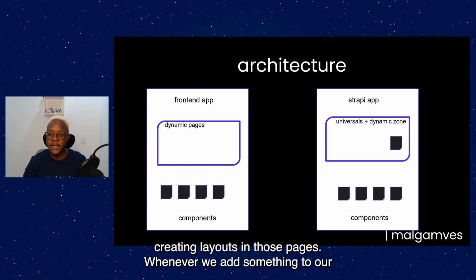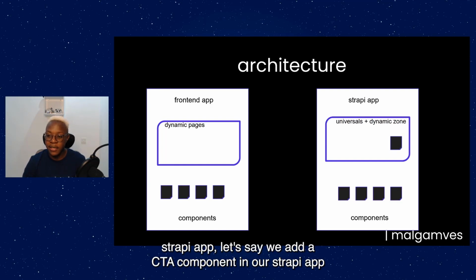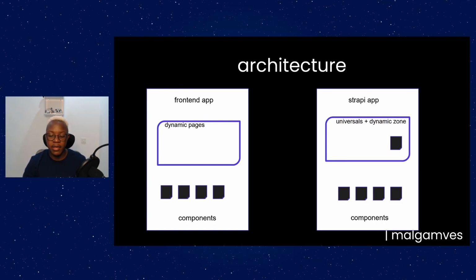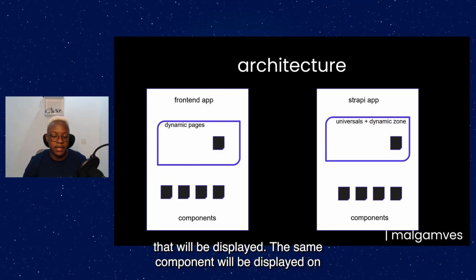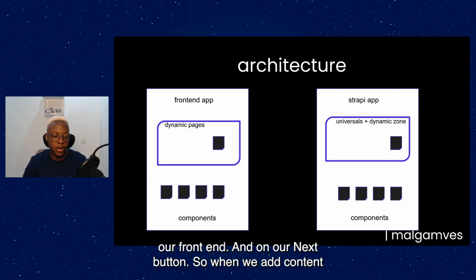Whenever we add something to our Strapi app, let's say we add a CTA component, the same component will be displayed on our Nuxt front end.